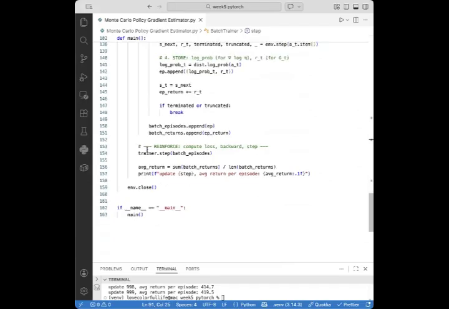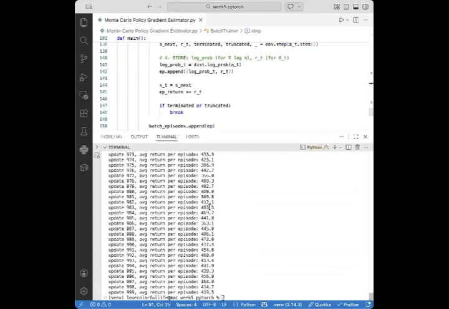So let's see the last part. We report the average return per episode. In CartPole, reward is 1 each step, so return equals how many steps we survived. Higher is better. So we can see when I run it, the average return per episode keeps increasing during training.